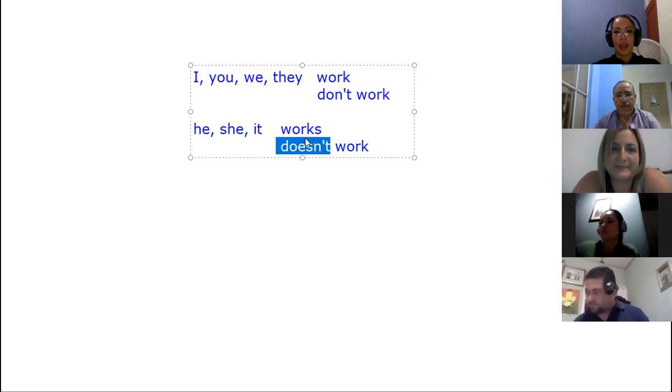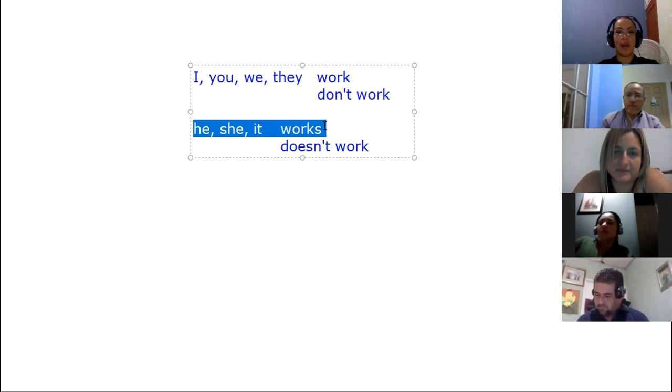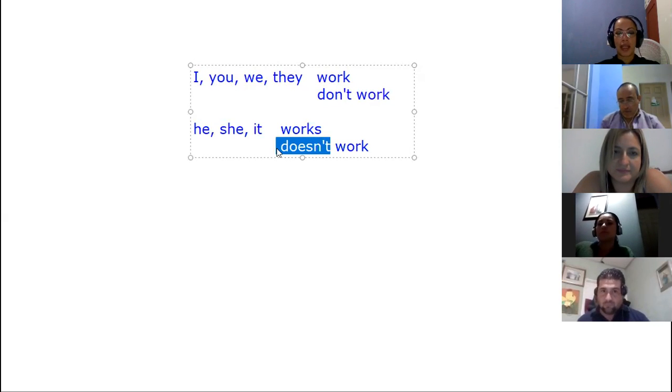En oración afirmativa, tercera persona, he, she, it, le vamos a agregar S, ES y ES, las reglas que vimos el viernes. Pero eso sucede únicamente en oraciones afirmativas. En negativa no, porque este auxiliar es de tercera persona, ya indica que es tercera persona.